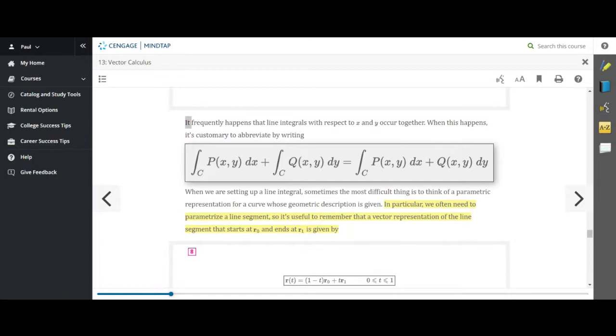P and Q are just functions of x and y. So that's a notation that is common.